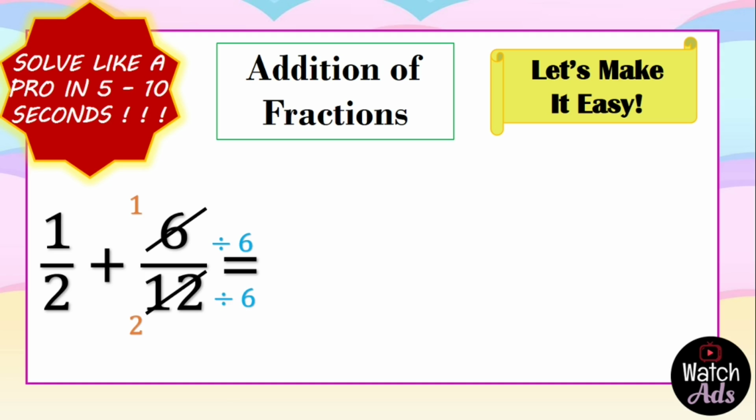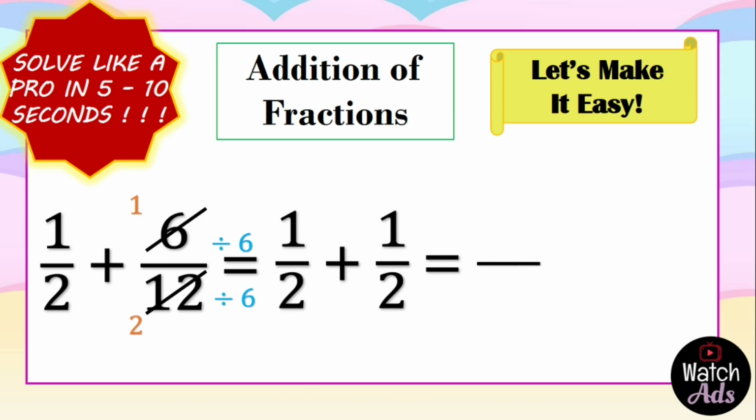Now, our brand new fractions are 1/2 plus 1/2. Now, I think that's easier to add because they are similar fractions. For similar fractions, we just copy the denominator 2 and then add the numerators.